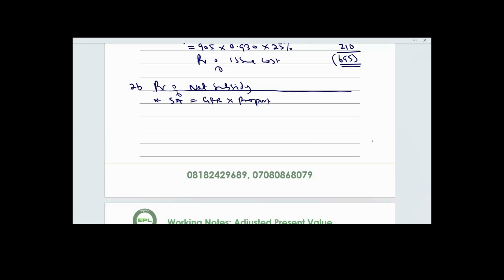The examiner has told us that 80% of the gross finance required is attributable to the subsidized loan. Therefore, this will be 22,636 multiplied by 0.8, which is 18,109. So that is the amount attributable to the subsidized loan.